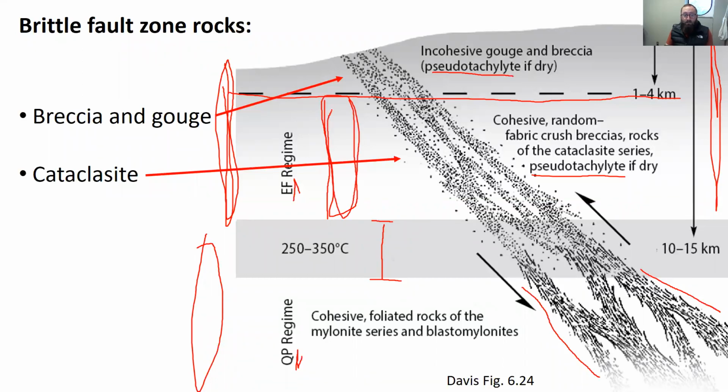And in fact, the cohesive indurated nature of cataclasites actually reflects comminution, which means the breaking down of our pieces into smaller and smaller brecciated pieces. It reflects comminution under somewhat elevated pressure and temperature.